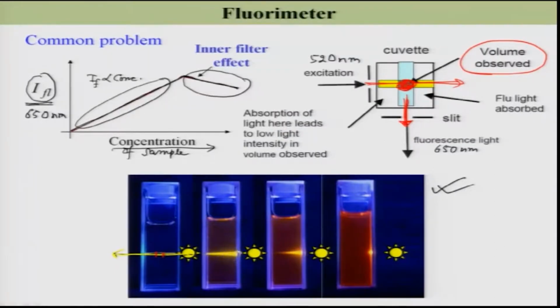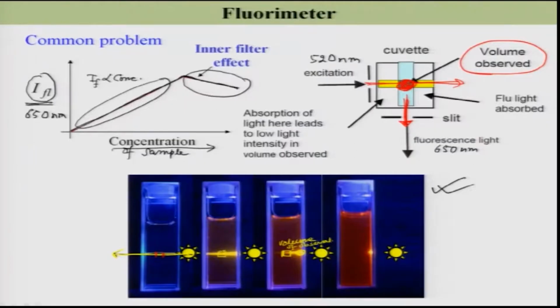So, if you increase the concentration more, this excitation light will be used to excite mostly the molecules over here, right. So, you see here the intensity of this region, your observed volume region, this volume of observation, this intensity is less than this intensity.